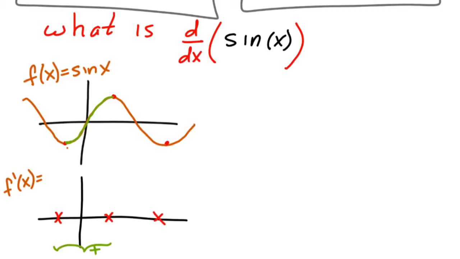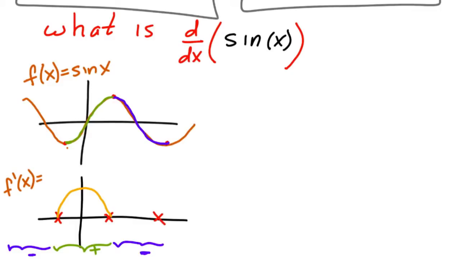Then, since right here this guy is decreasing, right here it has to be negative, and the same thing over here has to be negative. And notice how it's pretty smooth. So if it has to be positive and it has to cross here and here, you could assume that something like this is what it looks like in this part.